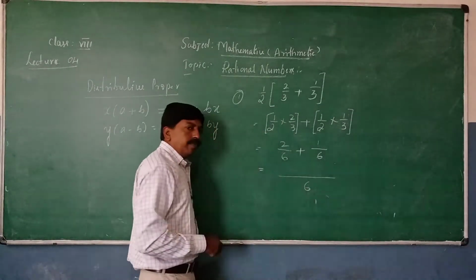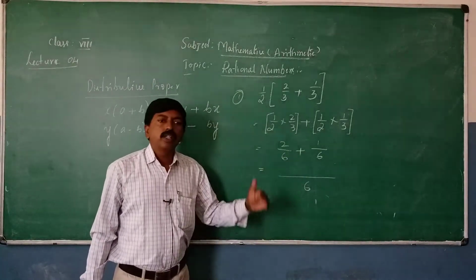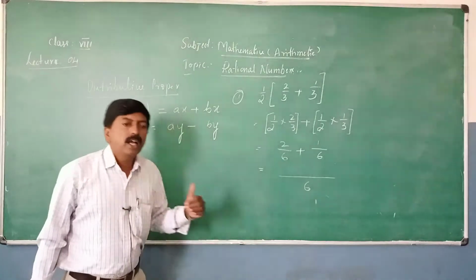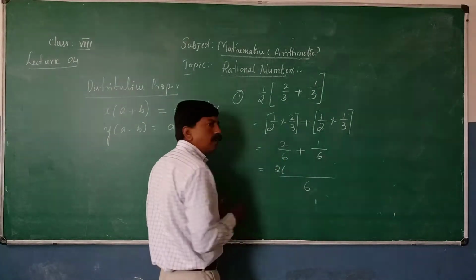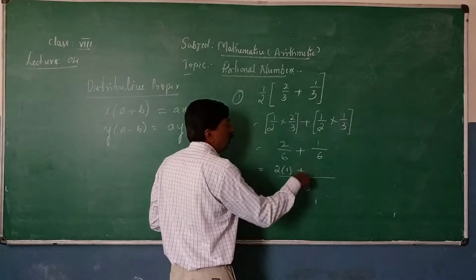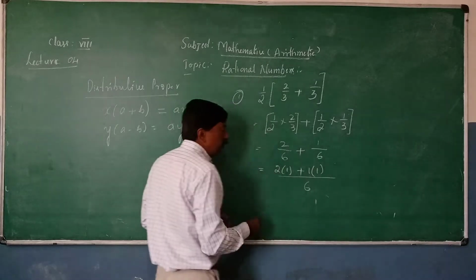6 is the LCM. Here we already know, if the denominators are the same, that same number itself is the LCM. So 6 how many times divides 6? 1 time. Plus 1, 6 how many times divides 6? 1 time.